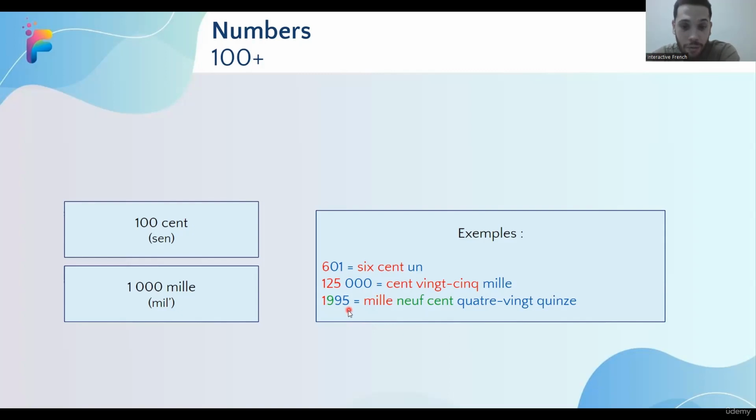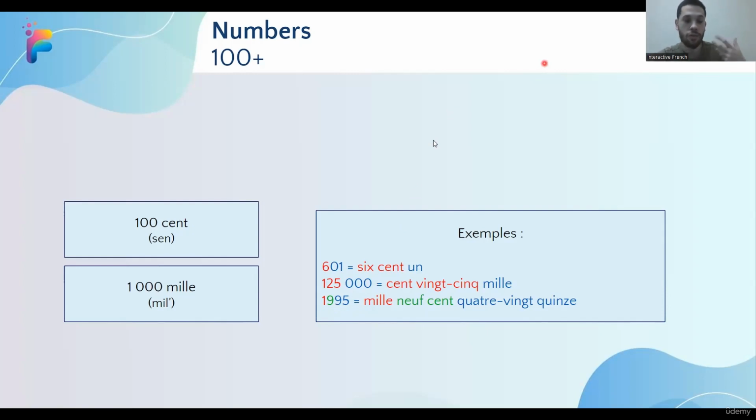So 1995, my birth year, by the way. Try by yourself maybe to say out loud your own birth year, okay? Whether you were born in this century or the previous one, all right? 1995. So that's for 1,000.